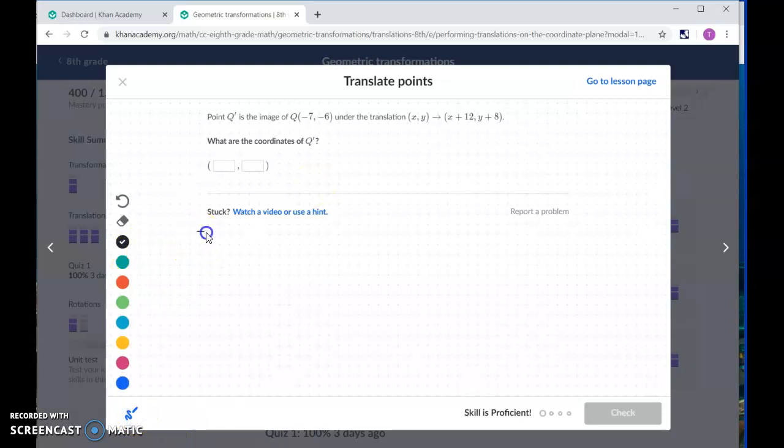I'm doing it with my laptop here, so this doesn't look so great. But that would be -7 plus 12, and that would give me my new x. My new y would be -6 plus 8.